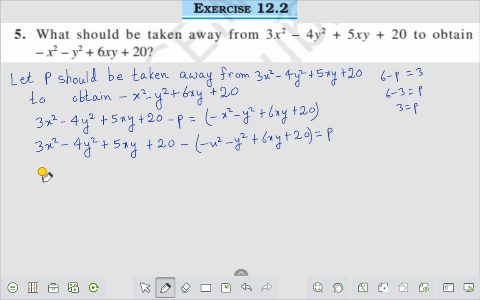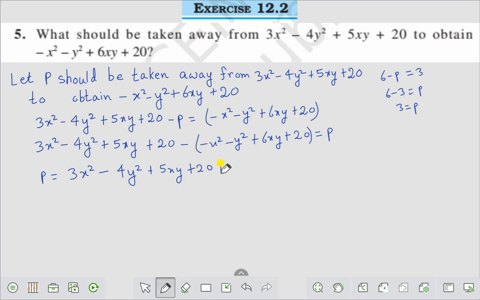Or you can write p is equal to 3x square minus 4y square plus 5xy plus 20.